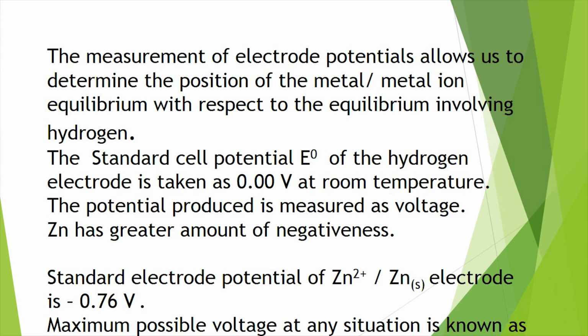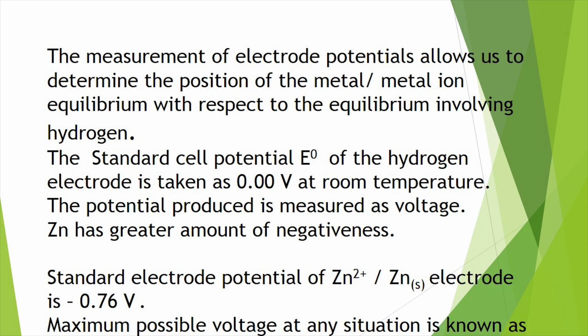The measurement of electrode potentials allows us to determine the position of the metal ion equilibrium with respect to the equilibrium involving hydrogen. The standard cell potential E0 of the hydrogen electrode is taken as 0 volt at room temperature.